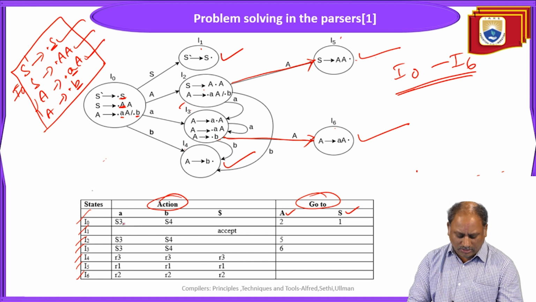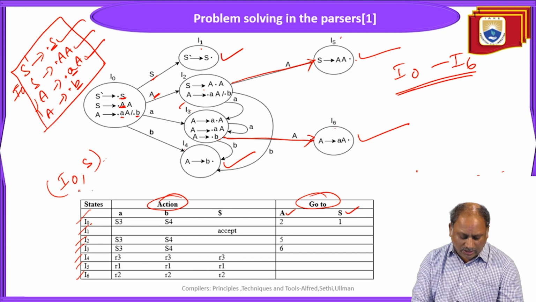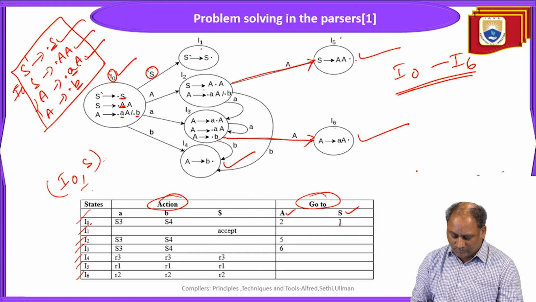And for this we are going to compute, we have computed what is I0. In the first state, if we observe I0 with small a, capital S and capital A, we already computed. What is I naught with capital S? In this diagram, I naught is the state, and with capital S closure we reach state I1.